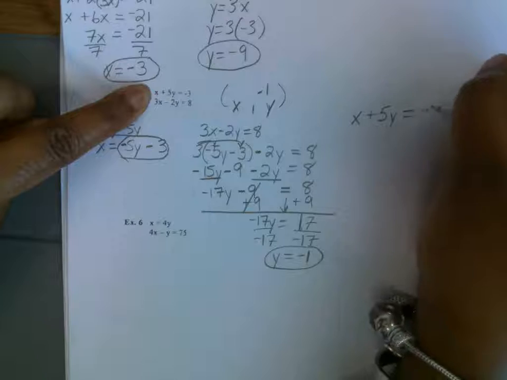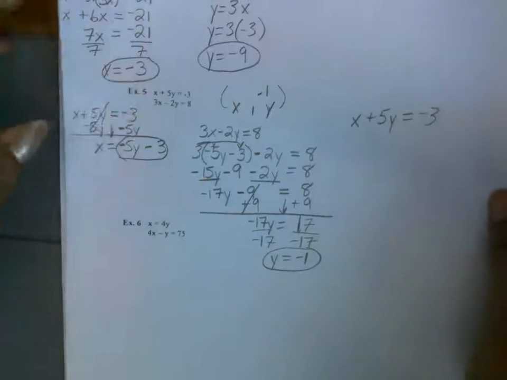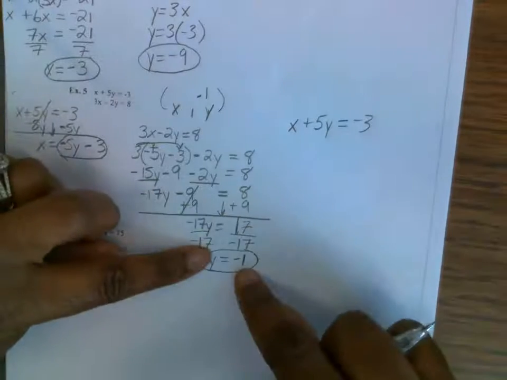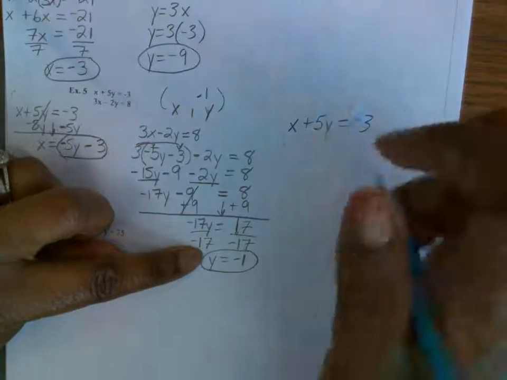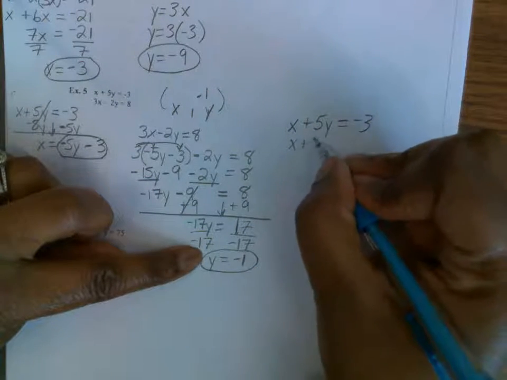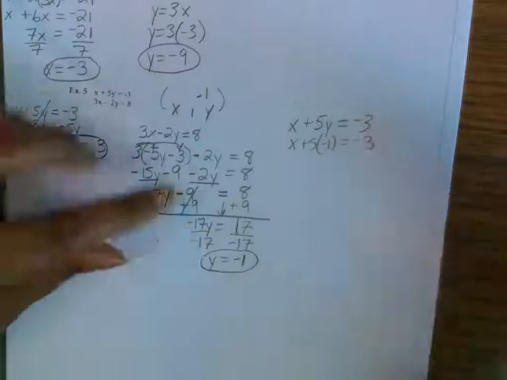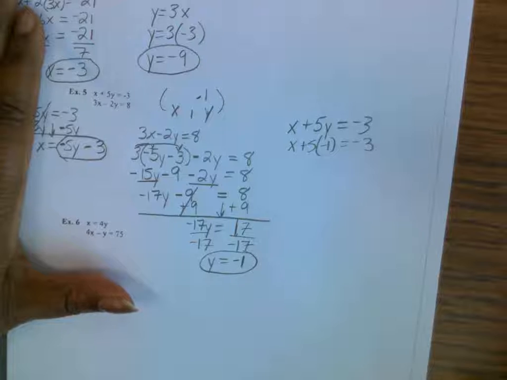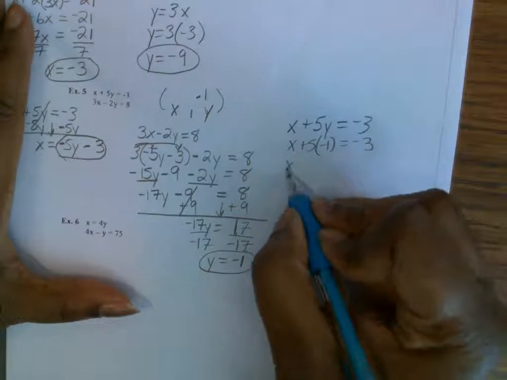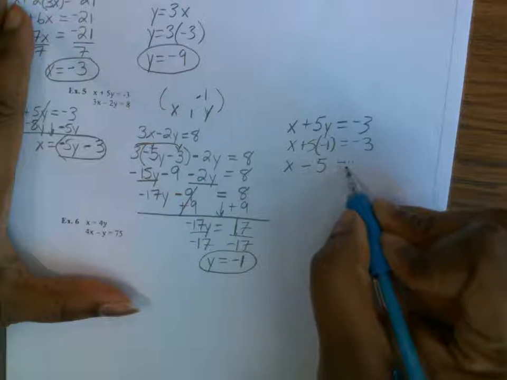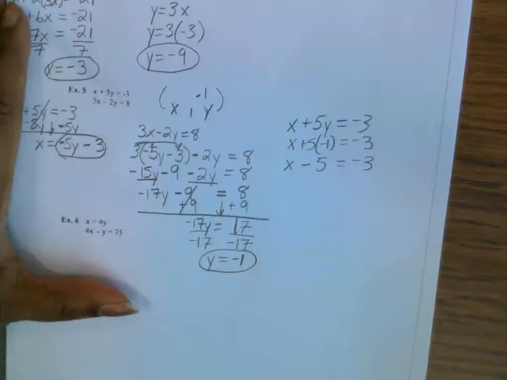But if you think the second one is easiest, you can use the second one. You're going to get the right answer as long as you do the math right. Plug in negative 1 for y. Plug the negative 1 there. 5 times negative 1. And this is going to give you x minus 5 is equal to 8.